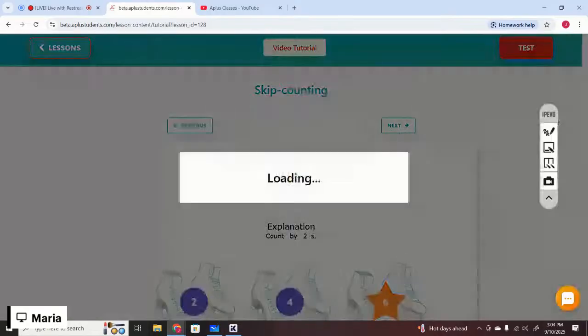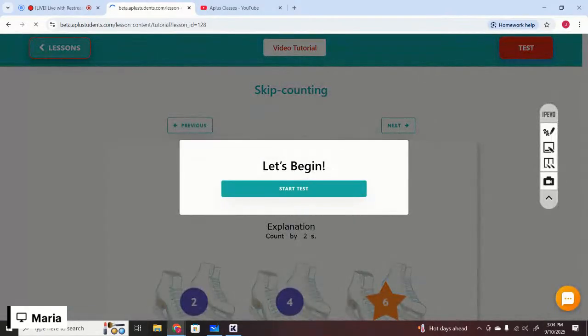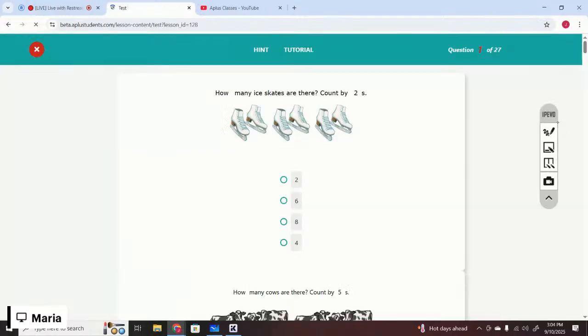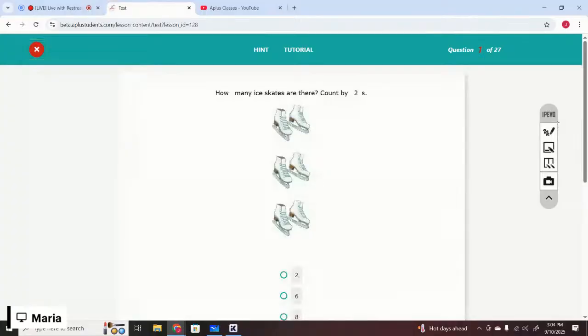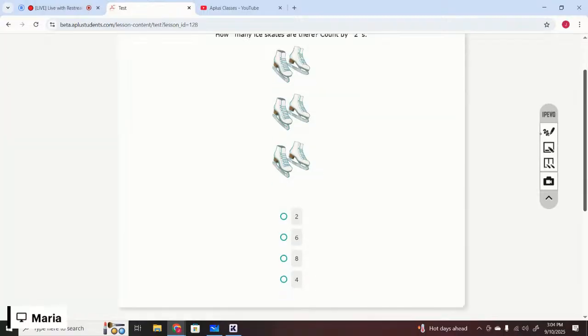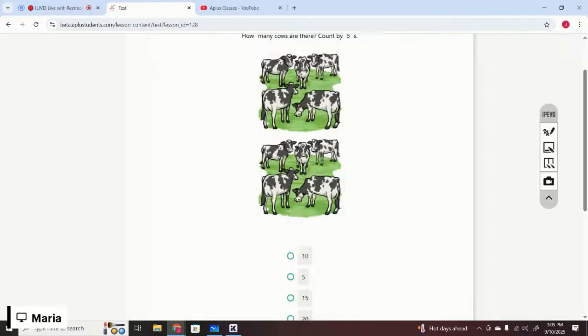Let's start with the test questions. How many ice skates are there? Count by twos. So that is 2, 4, and 6. The correct option is 6. Option number 2 is the correct option.